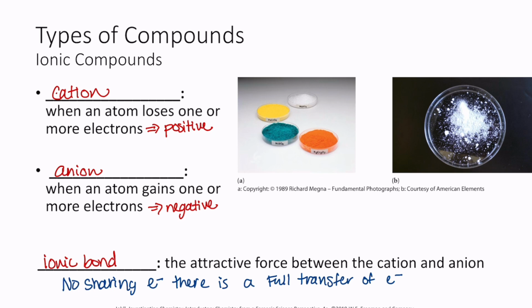Here are some examples of different types of ionic compounds. Notice there can be a full range of colors. And I do want to write down that all ionic compounds are solids at room temperature.